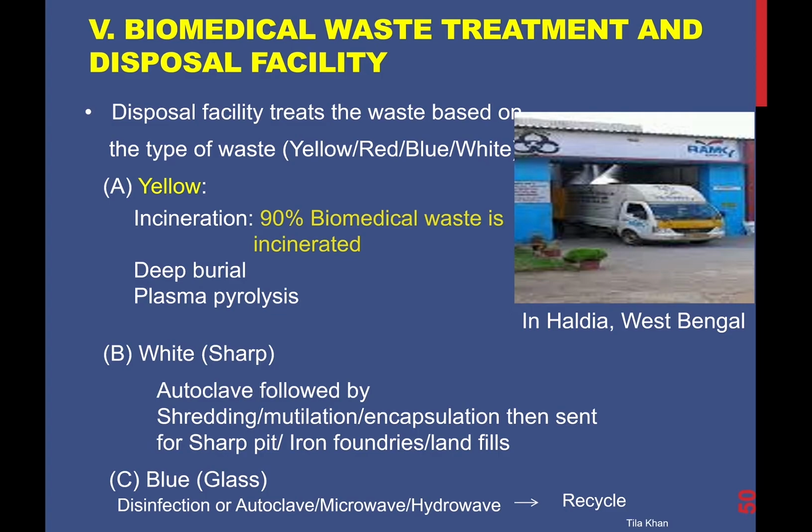Other methods are deep burial or plasma pyrolysis, but incineration is mainly used. For sharps waste, they do autoclave followed by shredding, mutilation, or encapsulation, and then send it to sharp pits, iron foundries, or landfills.